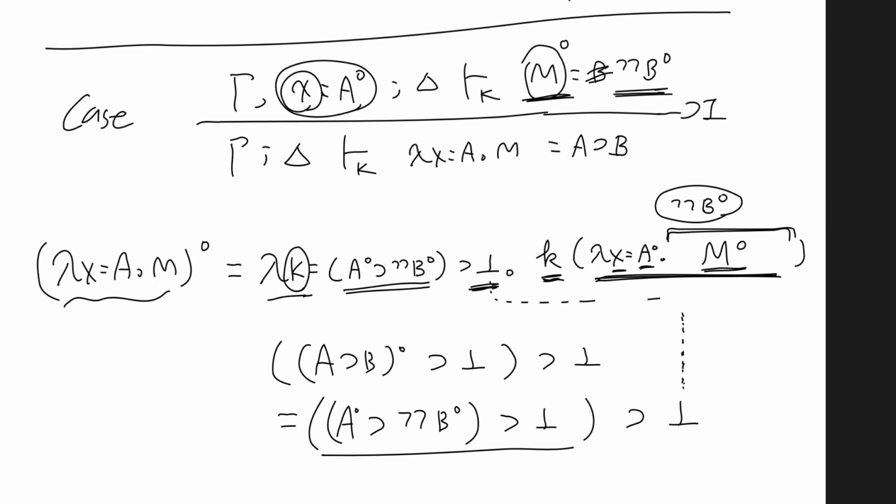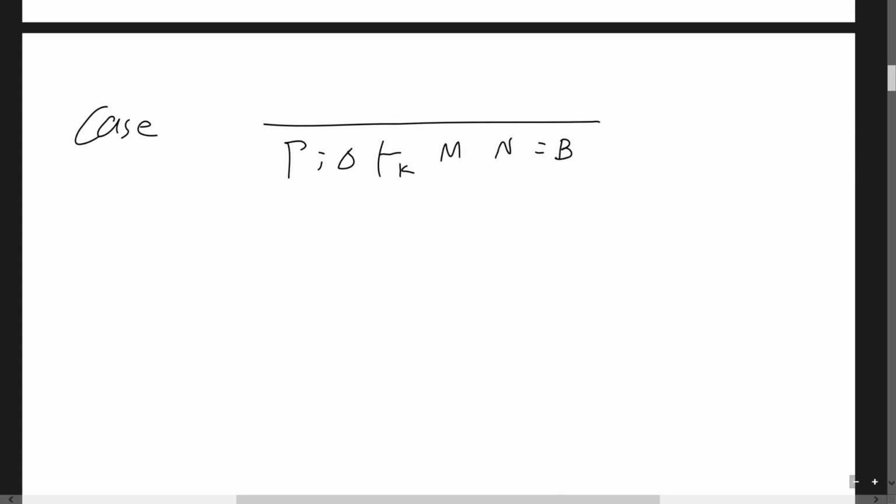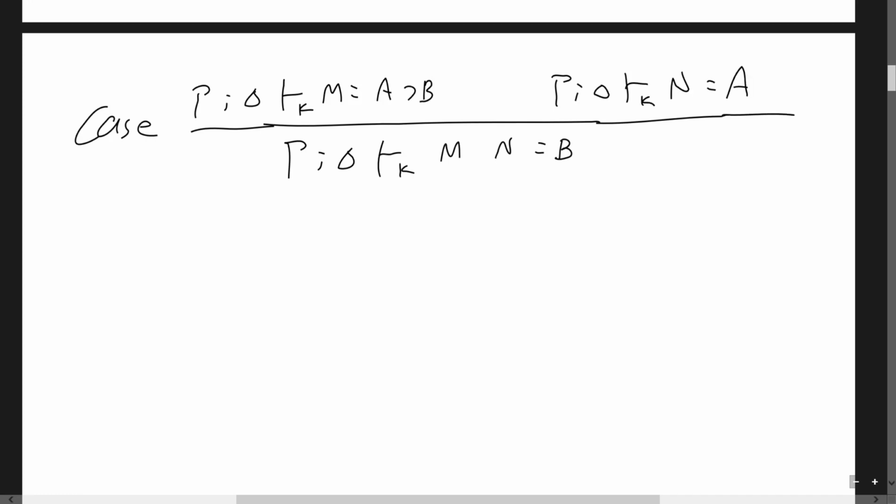Next, let's translate this application. Gamma, delta, M N has a type B, where M has a type A implies B, and N has a type A. This is the implication elimination.